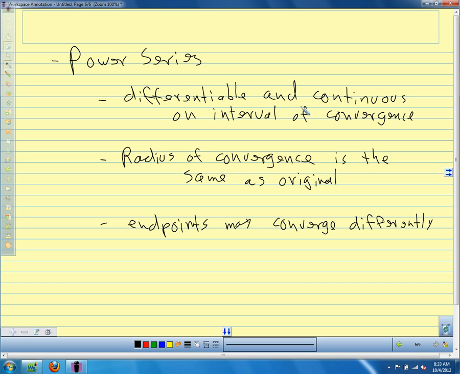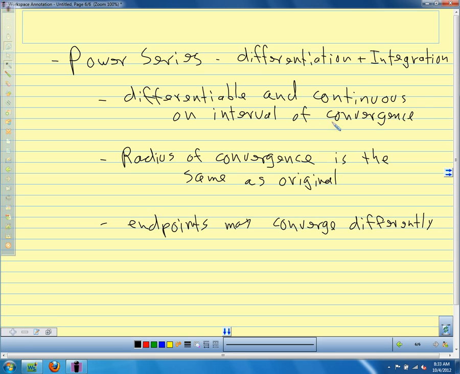So when we differentiate or integrate a power series, our radius of convergence is the same. We have to reconsider the endpoints. It may not converge at the endpoints. We'll talk a little bit more about differentiation and integration of power series tomorrow, and we'll tie our power series to our Taylor polynomials.